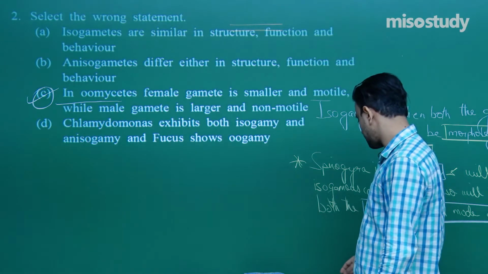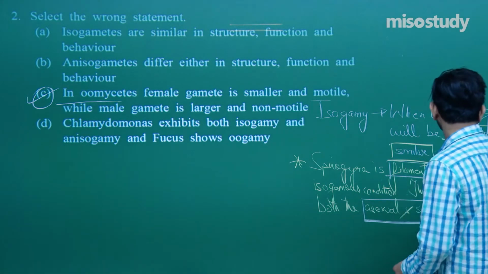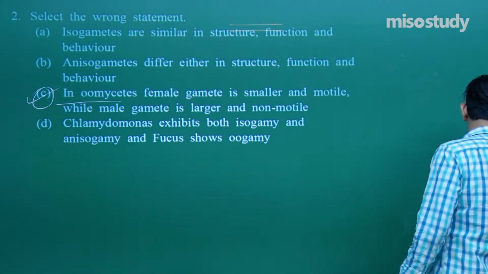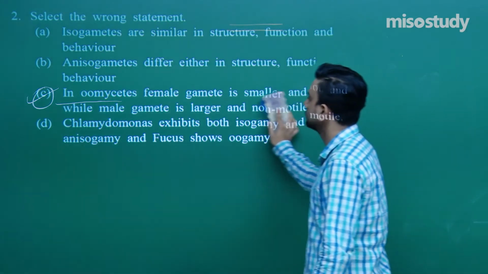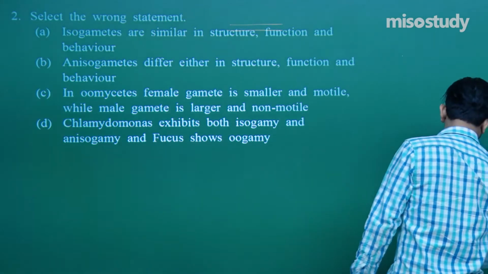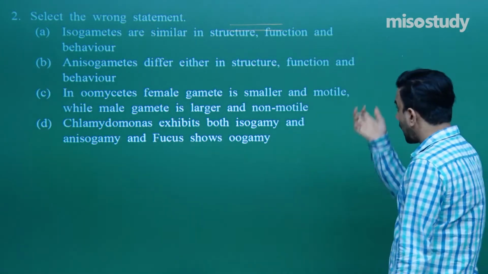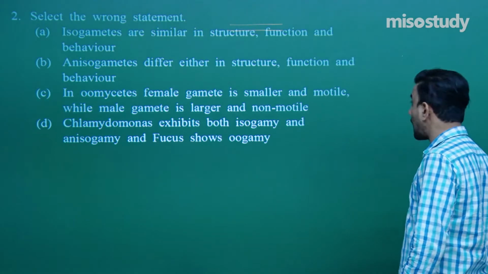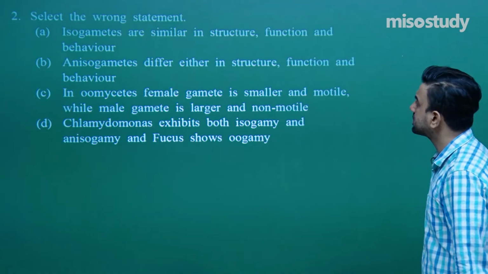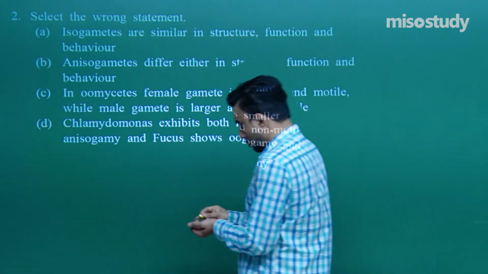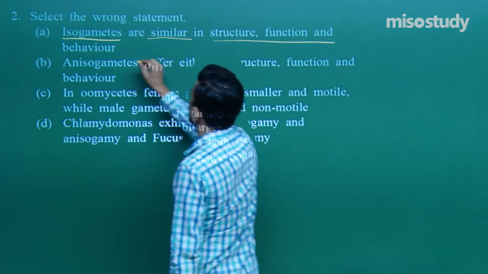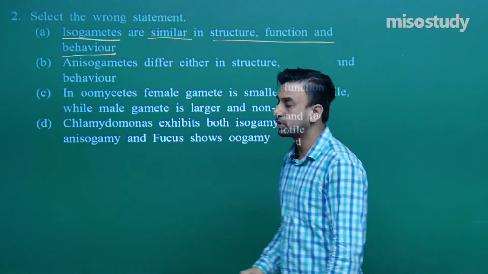Select the wrong statement. Isogametes are similar in structure, function and behavior. This is absolutely right.